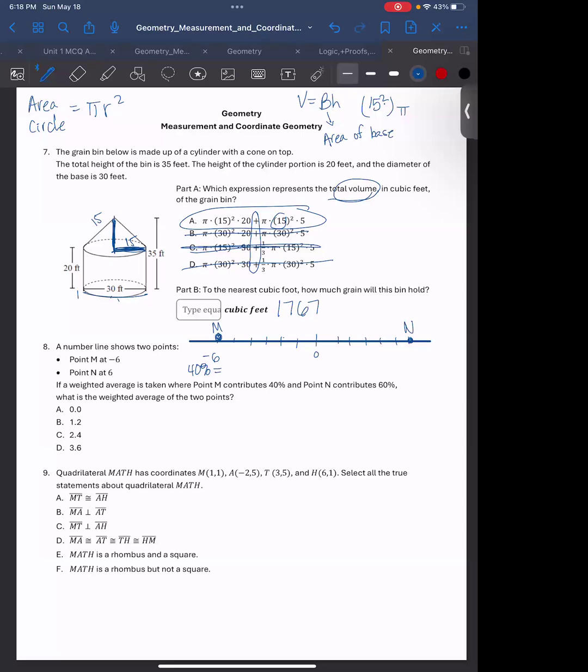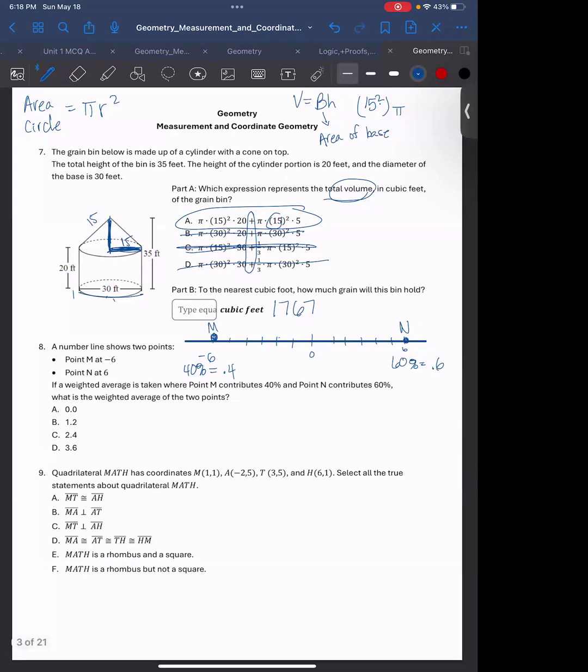Isn't that 0.4? 0.4. And point N contributes 60%, which would be 0.6. What is the weighted average of the 2 points? Weighted average is not on your reference sheet. So we kind of have to remember it a little bit.